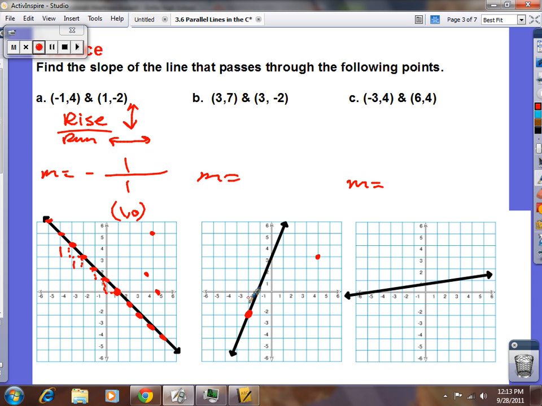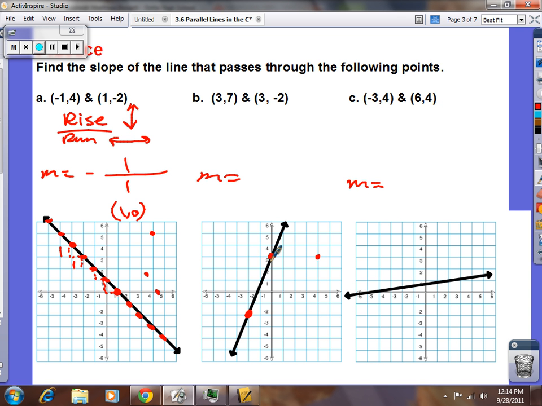Put it. -2, go left 2, down 2. There's a dot. Okay, I need at least one more dot. Where's another dot? -3, -4. No, it's close, but it's 0, 3. Okay, right there. 0, 3 is a dot. So we got 2 dots.